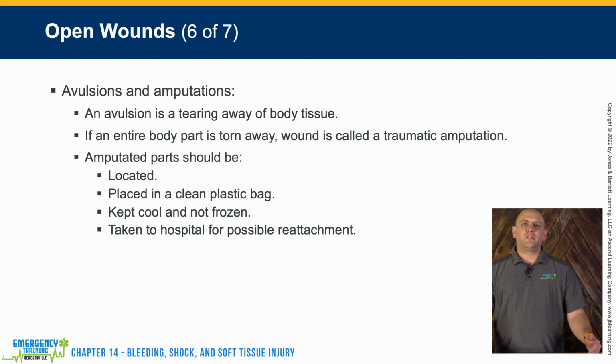If it is a soft tissue injury and there is significant bruising, we may apply ice and some compression to it, elevating the injury. We can splint. We can begin splinting some of those injuries, which we will talk about in our next chapter.